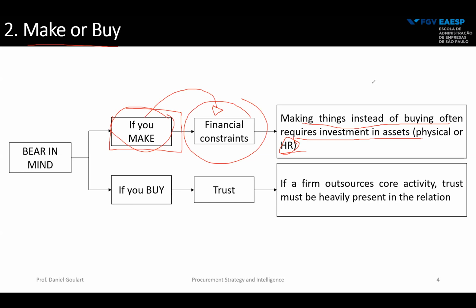We're going to discuss this better in supply chain finance, but I may have money, my firm may have money, but if I decide to buy someone to make something that is being outsourced, I need to have more money, and I have to have capital stuck in my balance sheet as a non-current asset instead of a current asset. I need to have bankability, if I may say it like that.